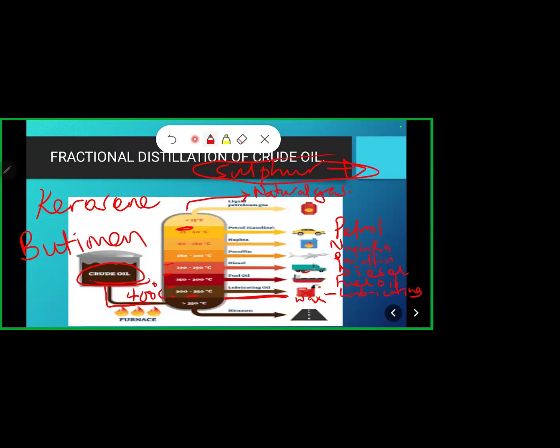Okay, we move on to fuel oil, or what we call gas oil. What is its use?